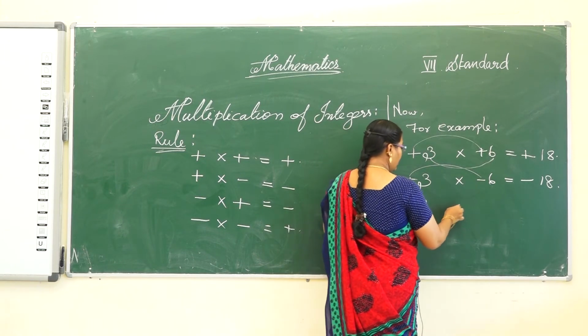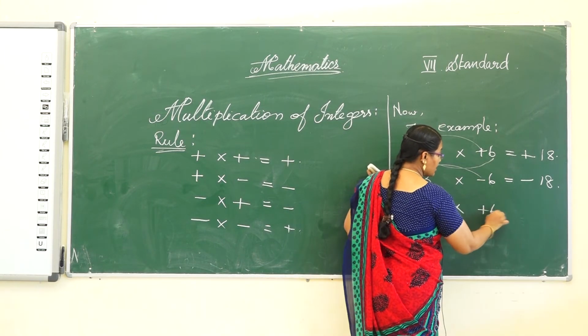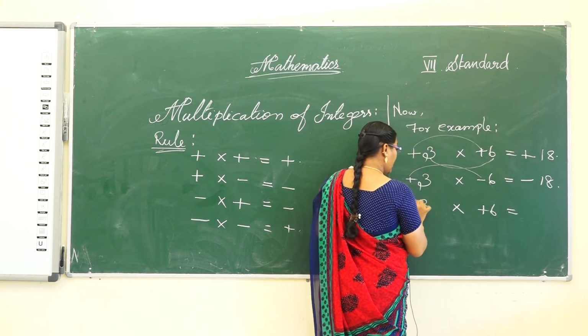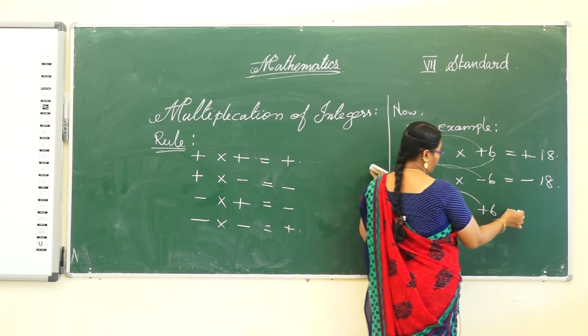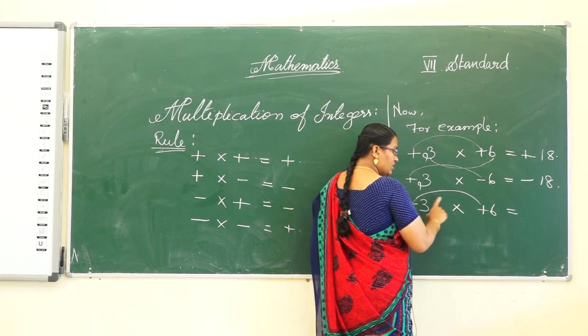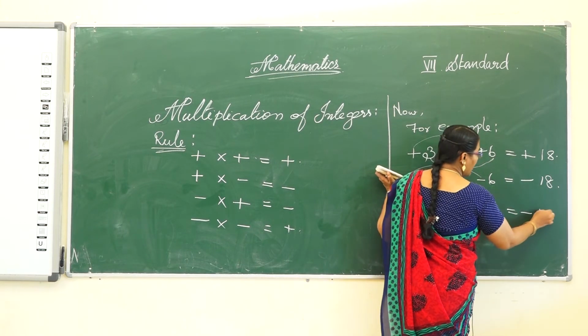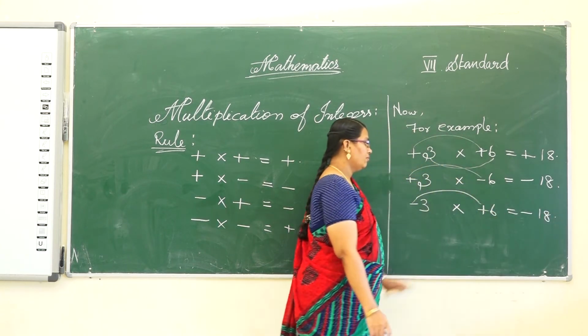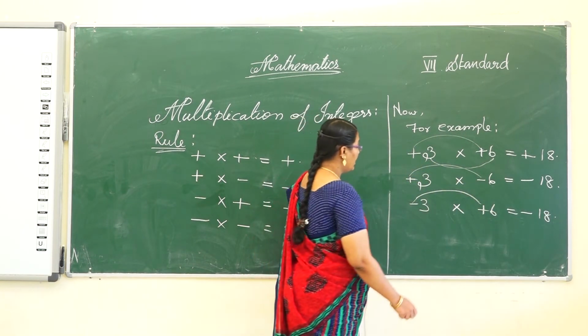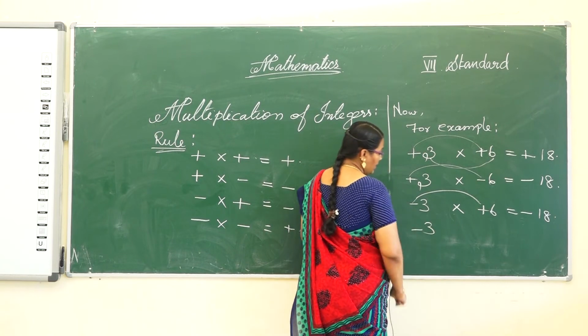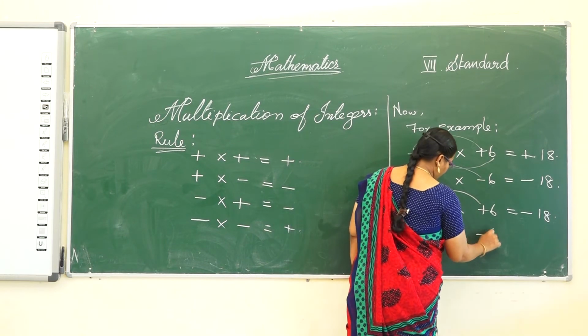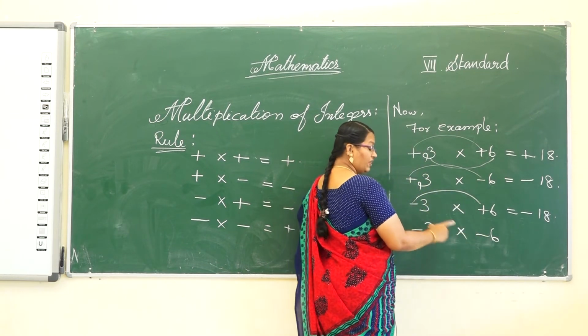And then minus 3 into plus 6 is minus into plus also. The product of minus into plus is minus, so 3 sixes are 18. And the final one, minus 3 into minus 6. Here both have negative values.